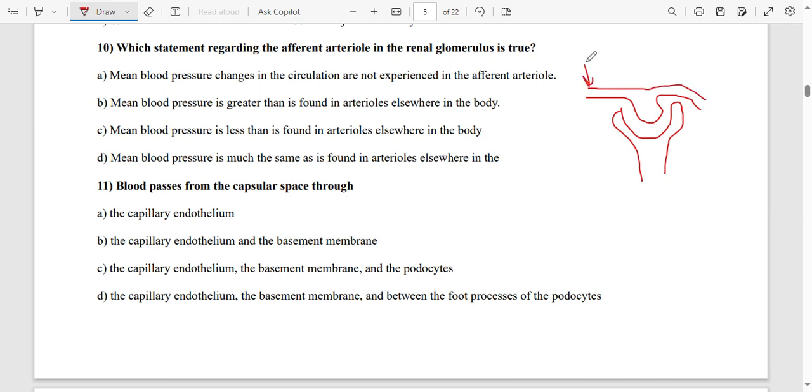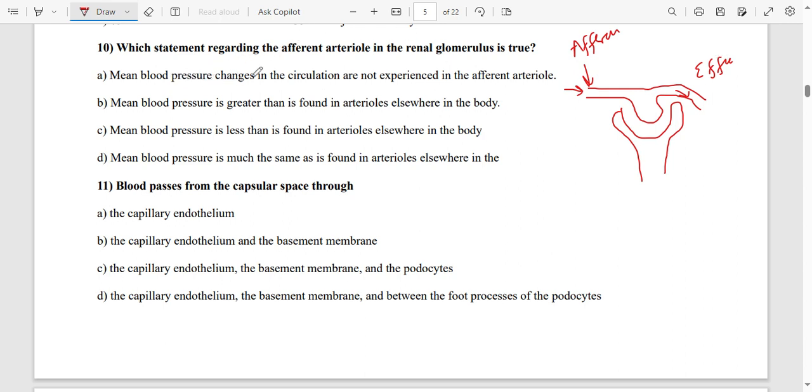So this is the afferent, where blood is coming from in that direction. Then when it's coming out, that's the efferent. So which statement about the afferent is true?